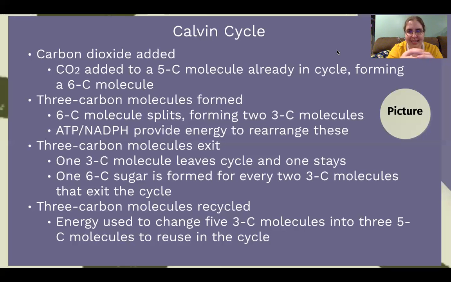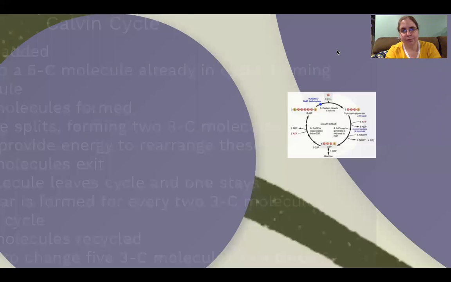But the one that stayed in the reaction is going to get recycled. As this keeps going and going, we're going to make a collection of 3 carbon molecules. Specifically, we're going to collect 5 of them, and then we're going to rearrange that into 3 five carbon molecules, and those 5 carbon molecules are going to be reused back in the first part of the Calvin cycle.